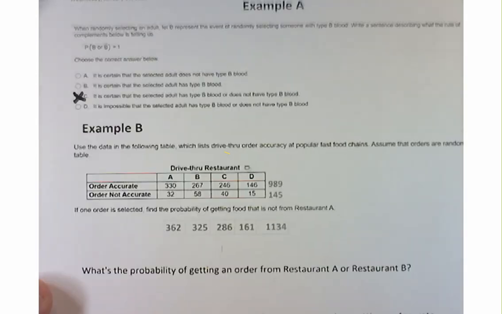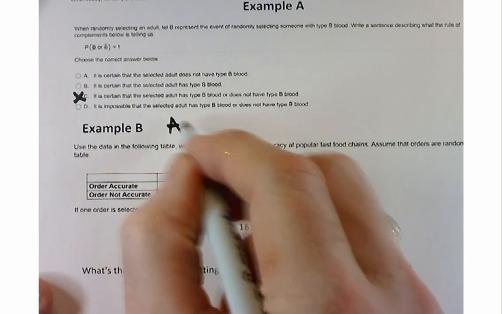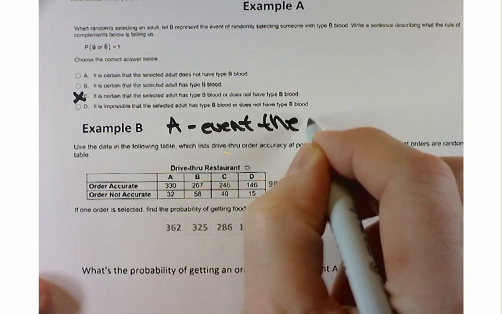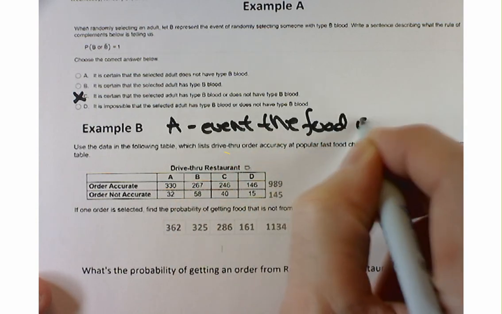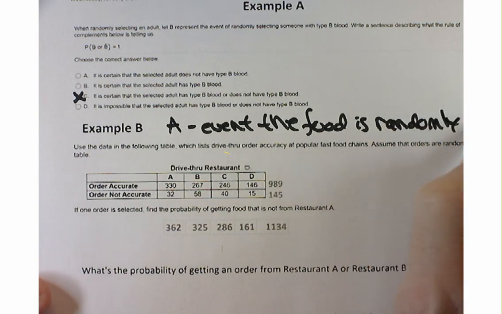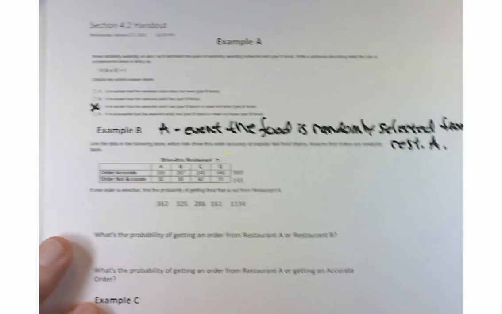So I'll start out by making a little definition here. And let's let A be the event the food is randomly selected from restaurant A. So that's our event.